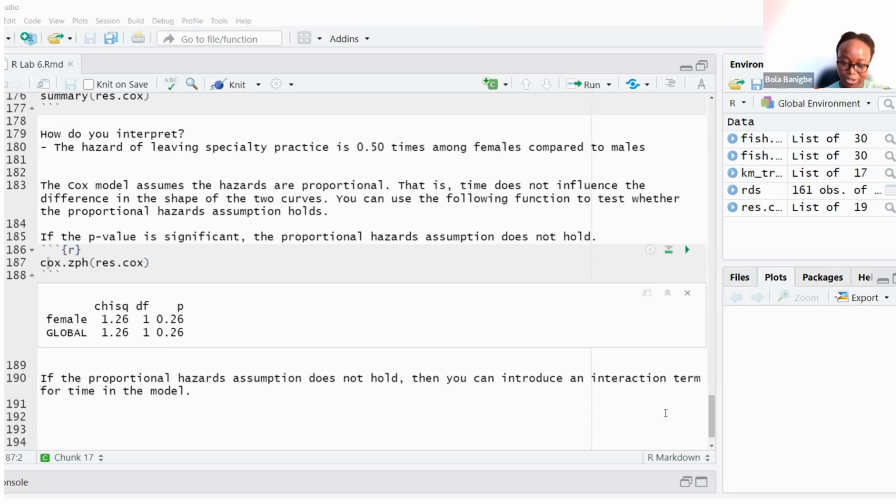The assumption of proportionality does not hold. Okay. So for the assumption of proportionality to hold, it has to be not significant.